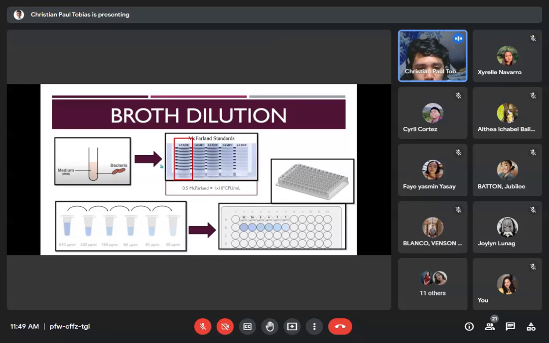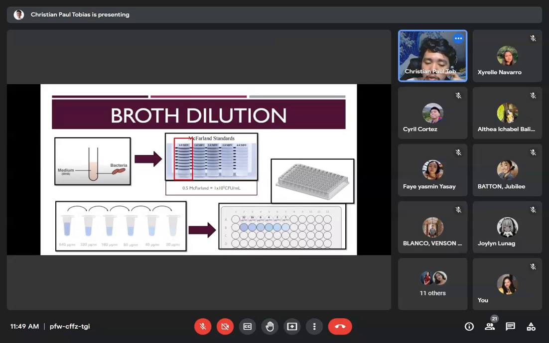Then it needs to meet the turbidity. This is the standard turbidity, or the McFarland standard. Only this one is used, not 1, 2, 3, 4. So this should match. In the lab, there is a basis already prepared, the 0.5 McFarland. So what you will do is compare your MH broth with the bacteria against your McFarland.